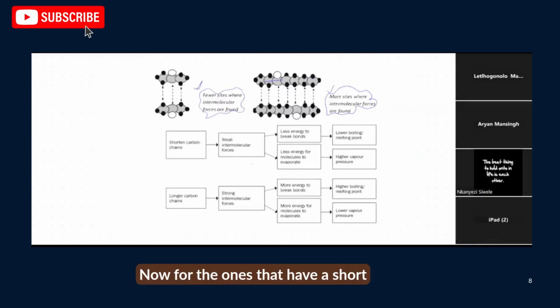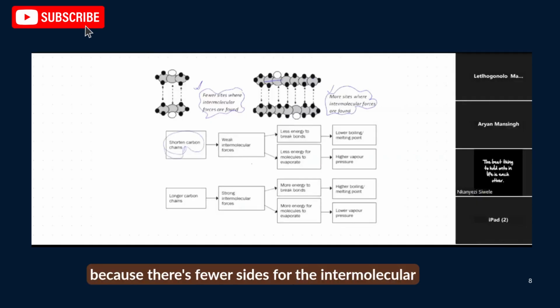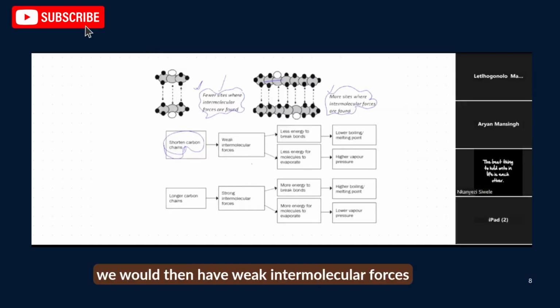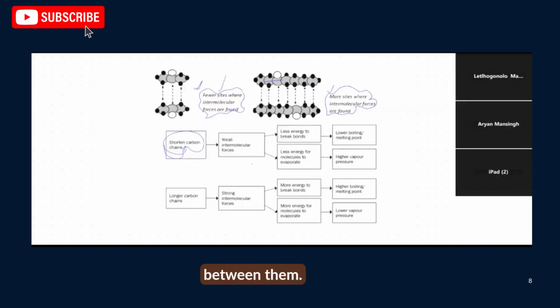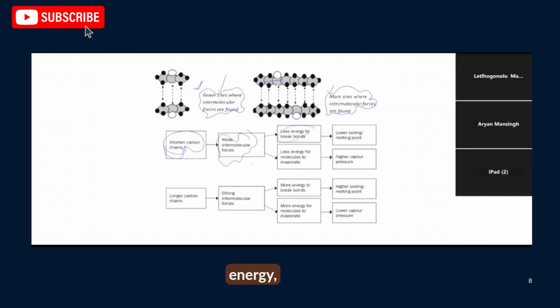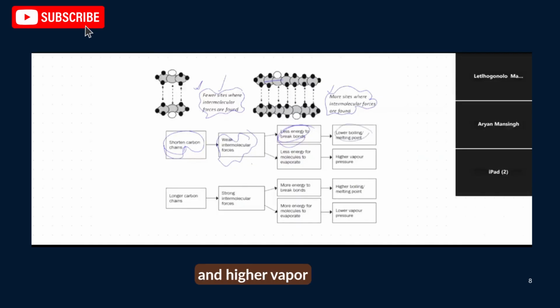Now, for the ones that have a short chain, because there are fewer sites for the intermolecular forces to take place, we would then have weak intermolecular forces between them. And this would mean that we would require less energy, therefore there would be lower boiling point and higher vapor pressure.